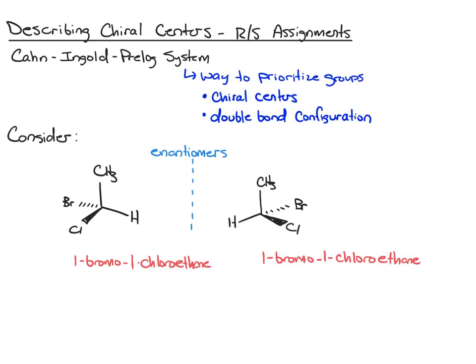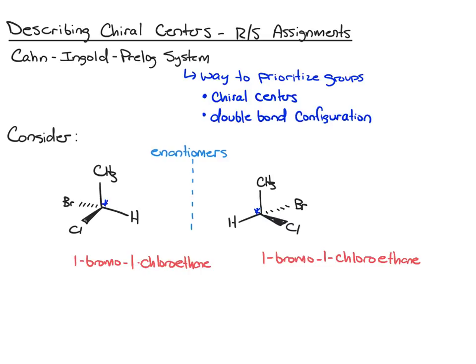But that's not enough information, because we have the chiral centers. These two things are stereoisomers, and they are different molecules. For that reason, we need to be able to further define the name to tell the reader which particular enantiomer we're describing.